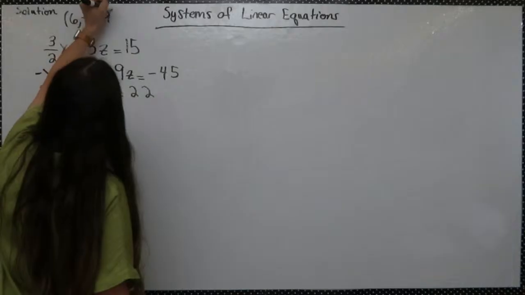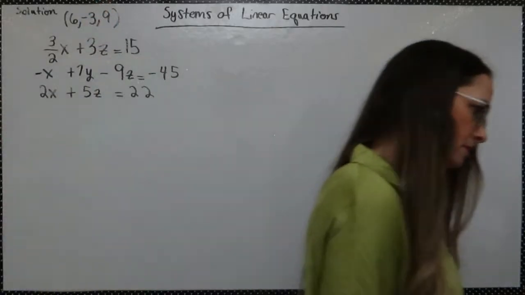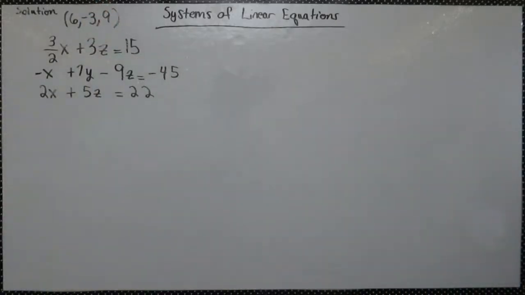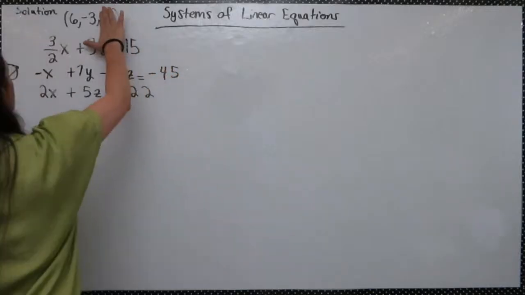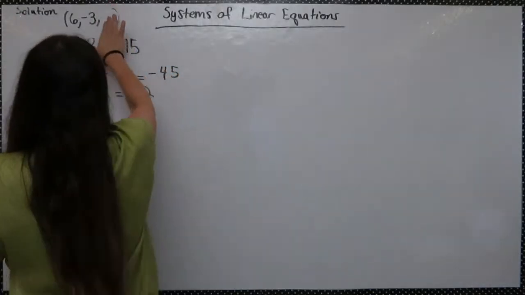What did I say? 9? Let's see what I said. Or 7. 6, -3, and 2. Like that. I was way off, wasn't I? It's an even number. And 2.